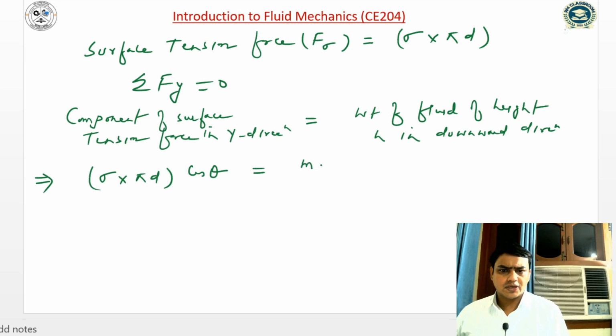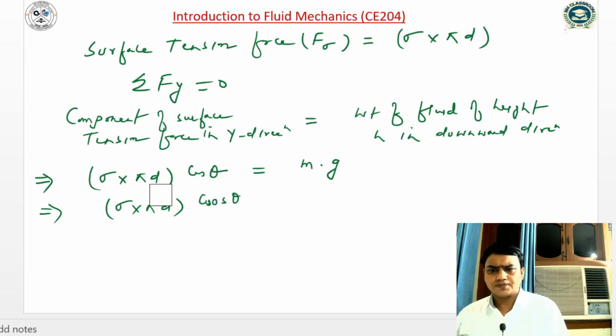Weight is m into g, and we can write sigma into pi into d cos theta is equal to, mass can be written as rho into volume into g.